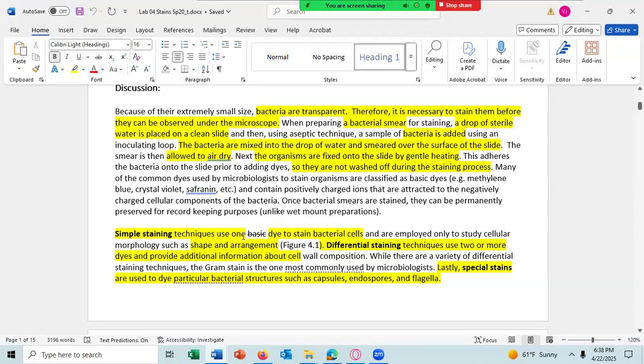Differential staining technique uses two or more dyes to provide additional information about the cell. And then lastly, special stains are used to dye a particular bacterial structure, such as the capsule, the endospores, and the flagella. So a special stain is a stain to show you one structure of the bacteria.